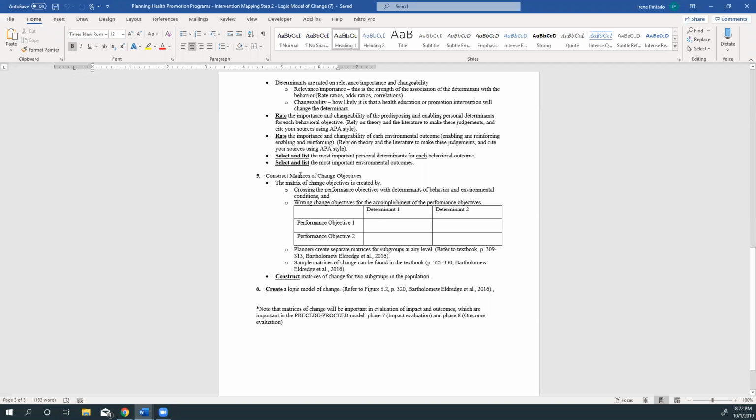And then this is where intervention mapping is a little different from PRECEDE-PROCEED, and it has you construct matrices of the change objectives. What you do is you put in your performance objective, one for what your behavior is or your environmental objective is, and you state what needs to be in place for that behavior or that environmental objective to happen.